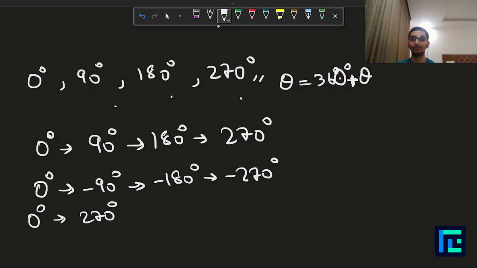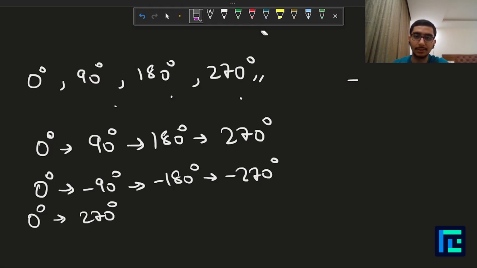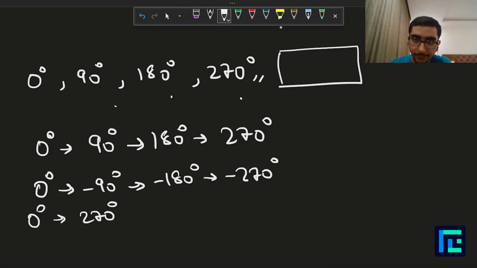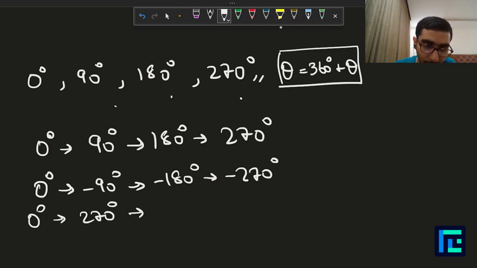Let's draw this inside a box: for any angle theta, it equals 360 degrees plus theta. This would be 270 degrees, this would be 180, and this would be 90.